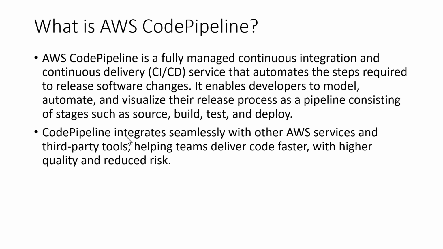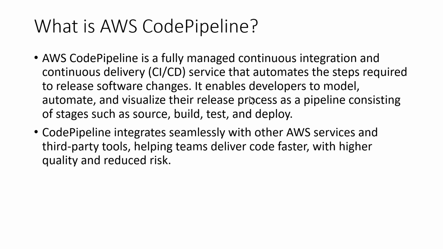So if a new feature gets added to my software, the pipeline will automatically run whatever commands we have provided in the build specification, and it will store the resulting packaged software. From there we can access it or deploy it wherever we want. If you want to deploy it in Kubernetes, we can, wherever we want.